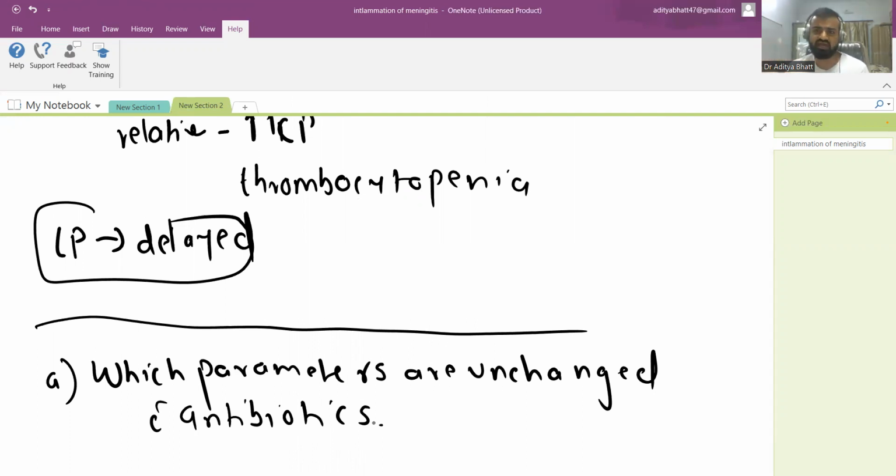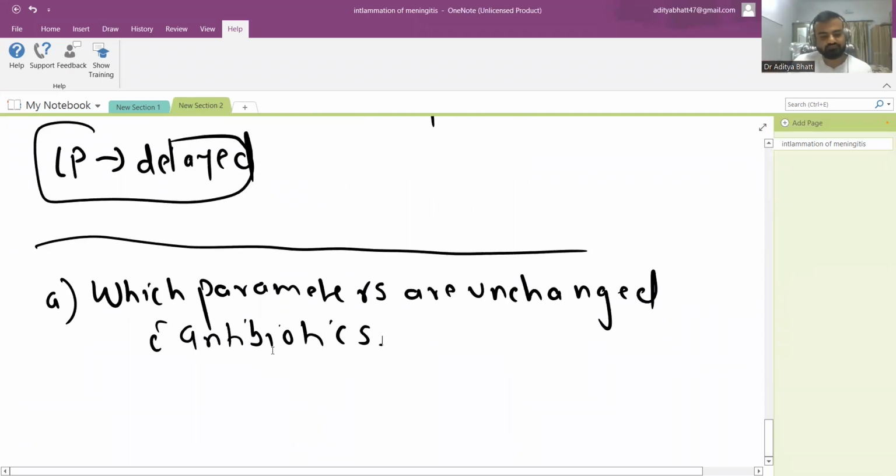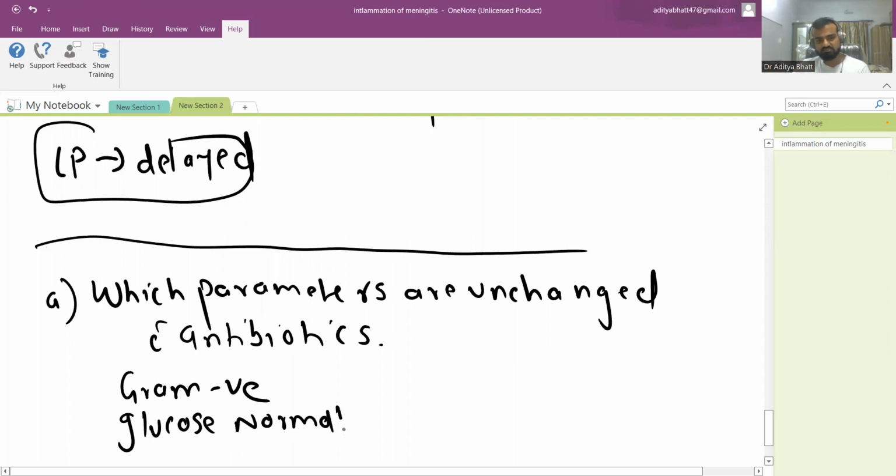The sample is taken 2-3 hours after the antibiotic administration. So what parameters might change and what parameters might be the same? The gram stain will be negative, and the glucose might normalize, but the WBC and protein content remain the same.